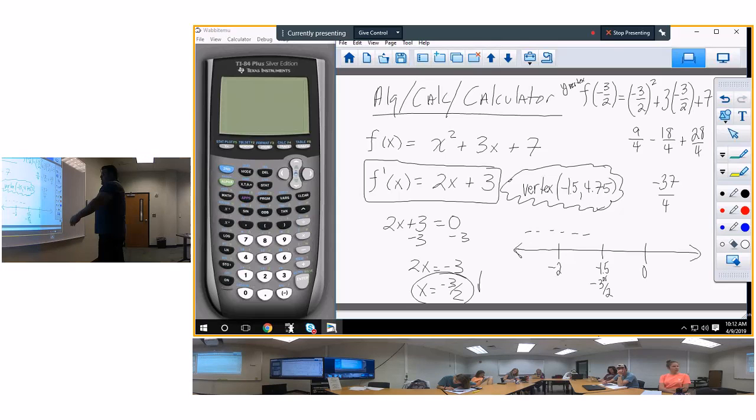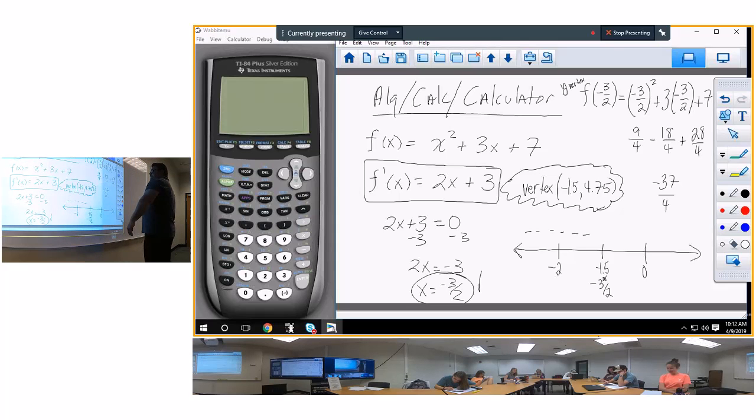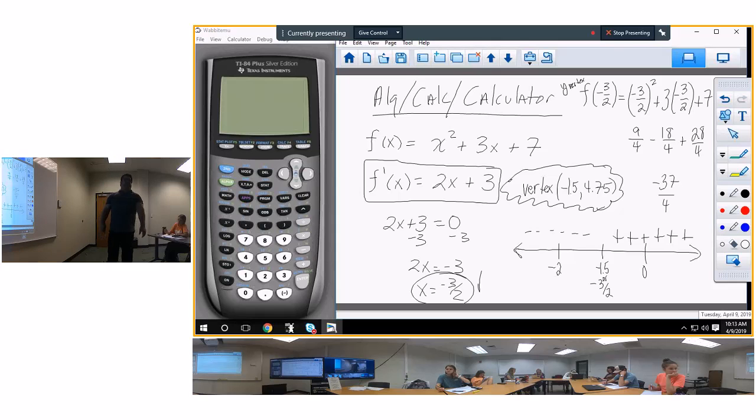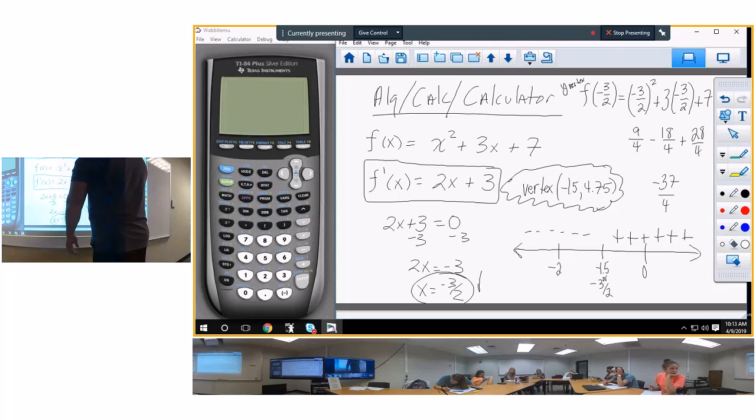Now somebody plug in 0 times 2. 0 plus 3 is... So what do we got, a max or a min? Which way do we read? Left to right. So what do we got? A min. So this is now a vertex. It is a min.